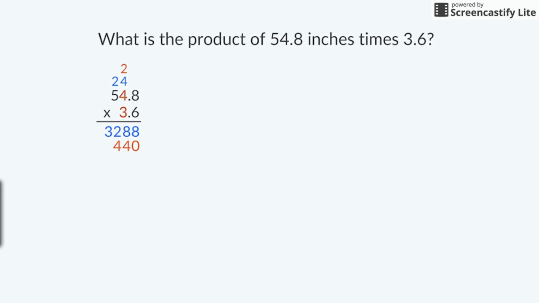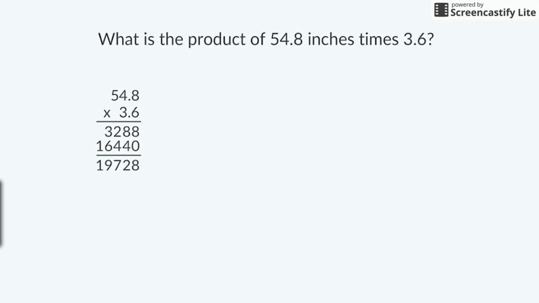I write the 4 in the product and regroup the 1 to the next place. 3 times 5 equals 15, plus the 1 I regrouped to the hundreds place equals 16. I write 16 in the product. So, the second partial product is 16,440. If I add the partial products, I get 19,728.